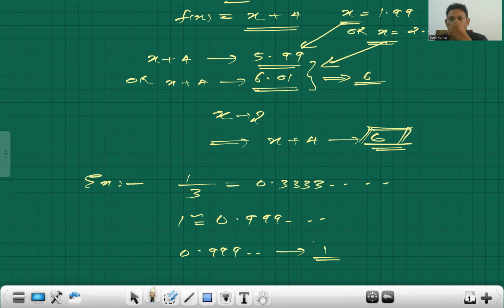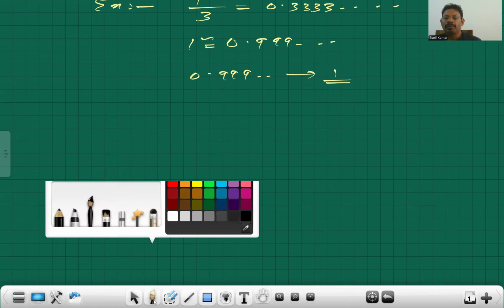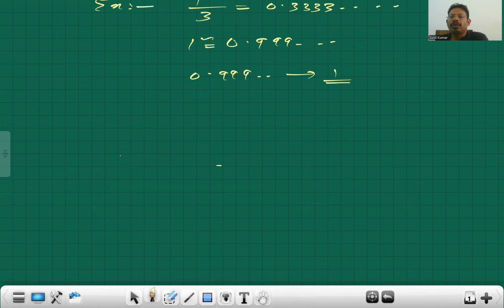So x approaching 2 means x may come from the left side, or from the right side. Limit is a small section only, but that is the basic concept we want to study. x tending to 2 means there are two sides coming. One is from the left side, the left value when x approaches 2, for example 1.9.